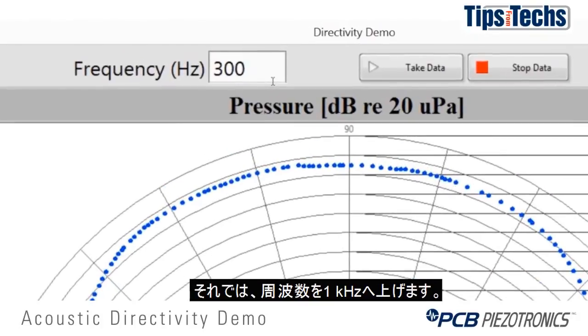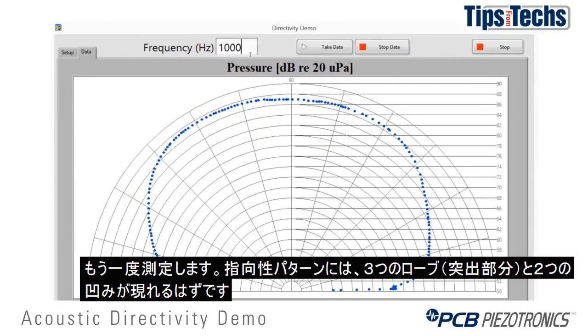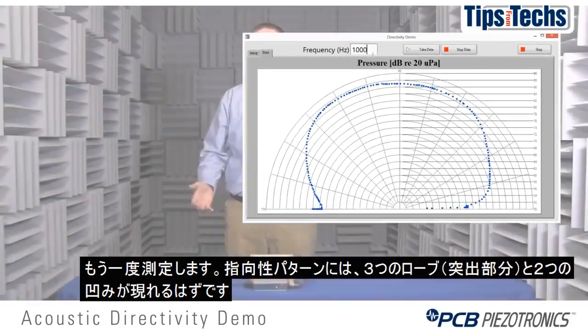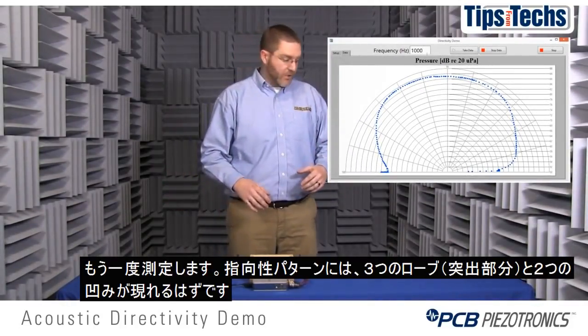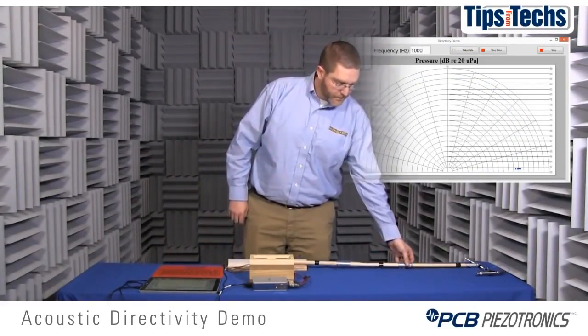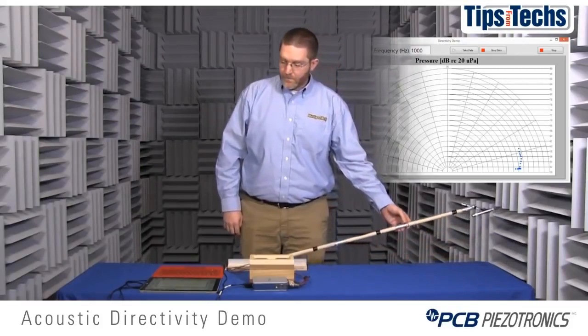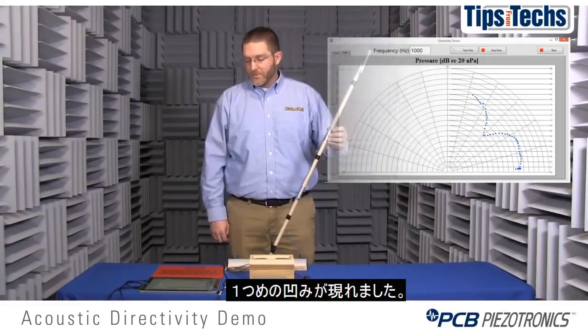Now we'll increase the frequency to 1 kilohertz. And we'll do the measurement again, and what we should see this time is 3 lobes and 2 notches in the directivity pattern. So there's the first notch.